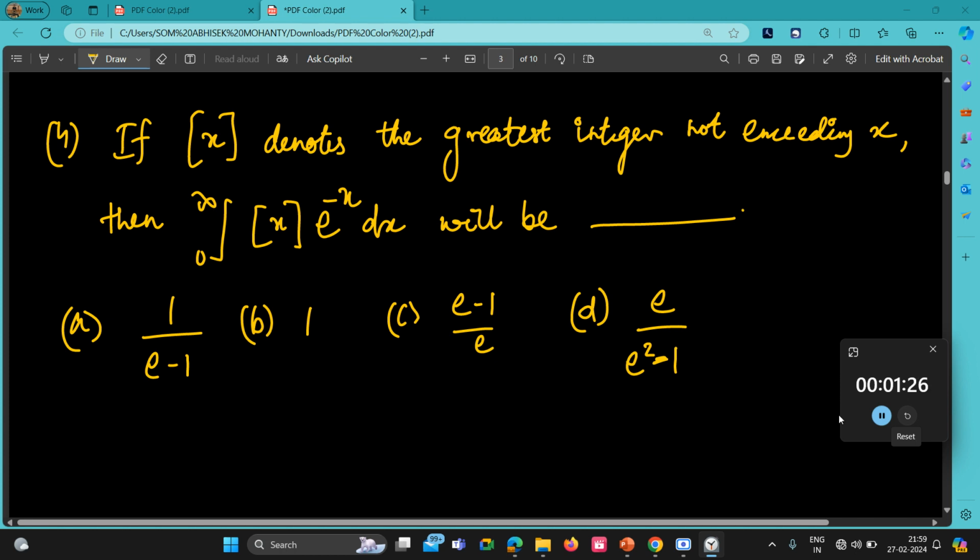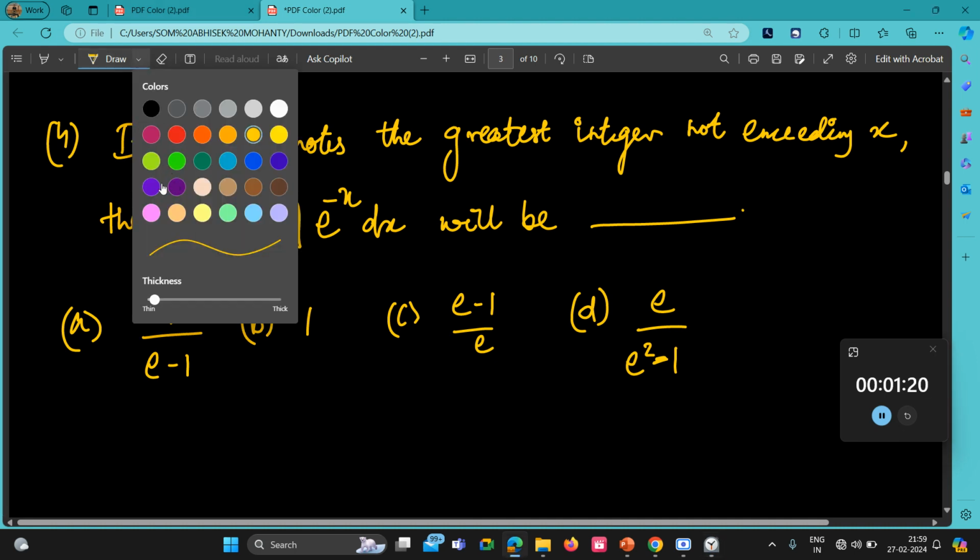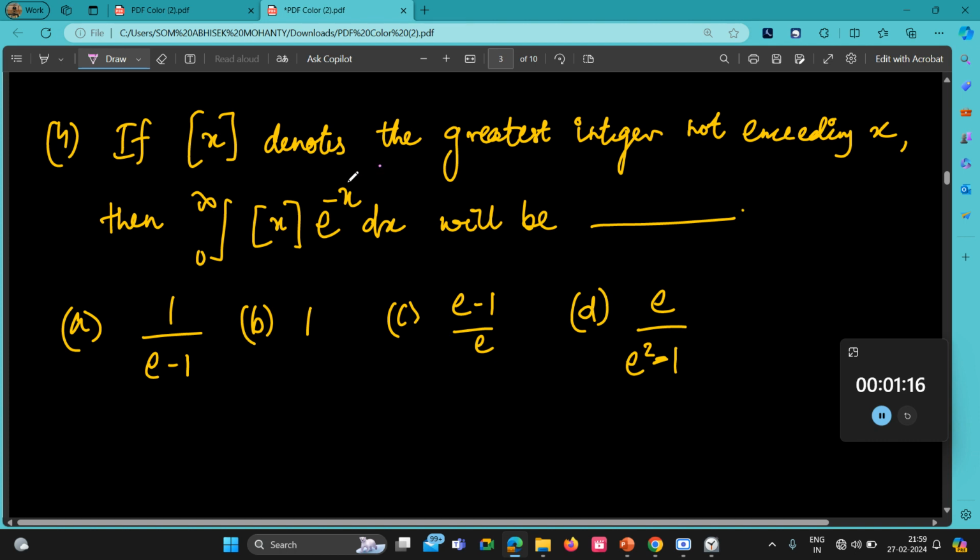If [x] denotes the greatest integer not exceeding x, then integral 0 to infinity [x] e to the minus x will be how much? Please think how we can define this one. If you can define this one, you can solve it. Try to remember, you have studied it in class 12.